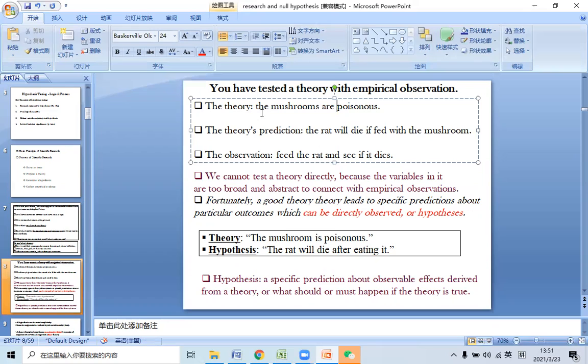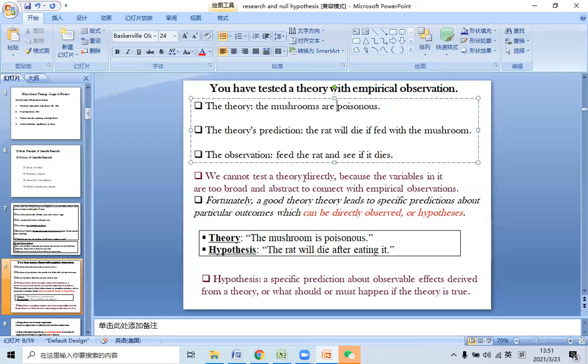That is a prediction. The prediction is a hypothesis John is trying to support. He proposes this hypothesis, and then you make the observation. You actually feed the rat with the mushrooms, and then see if it dies. That is your data. Your observation data is what happens to the rat after you give him the mushroom.